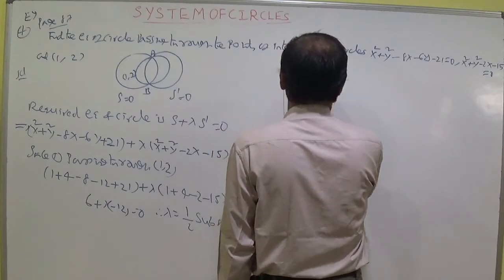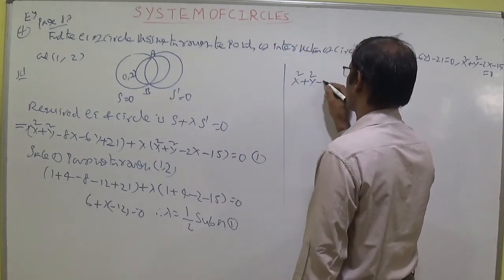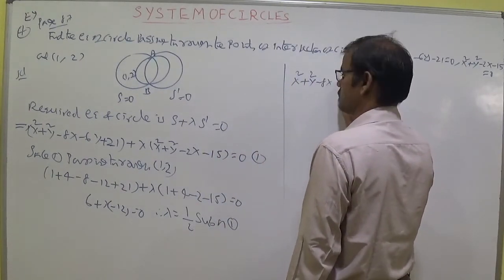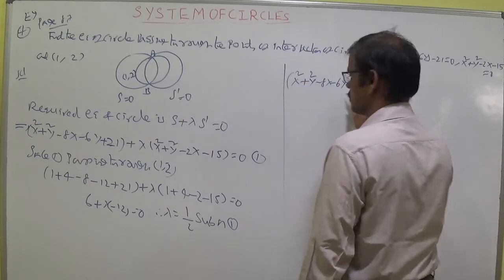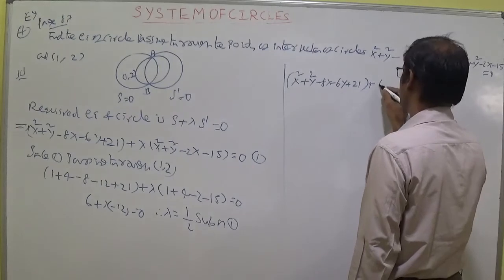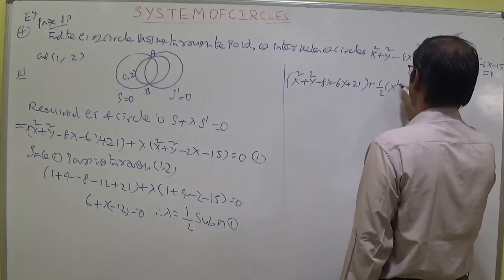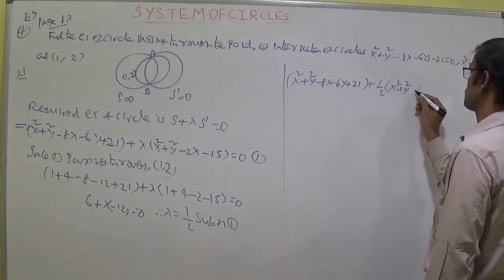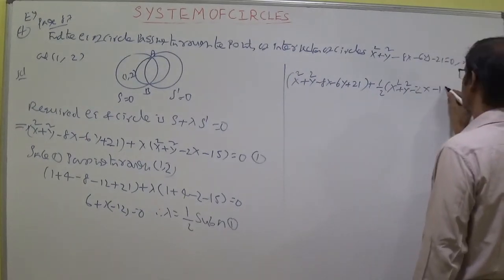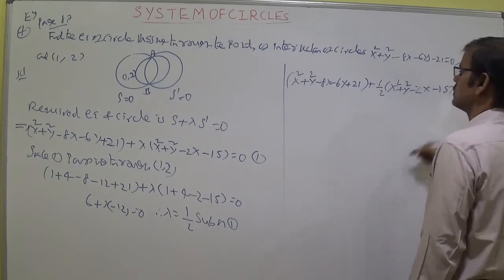You write here x square plus y square minus 8x minus 6y plus 21 plus 1 by 2 into x square plus y square minus 2x minus 15 equal to 0.